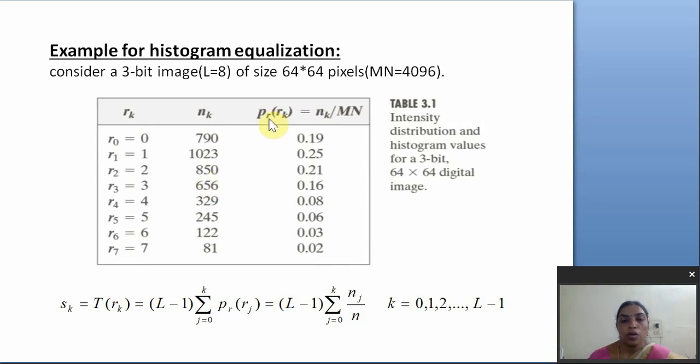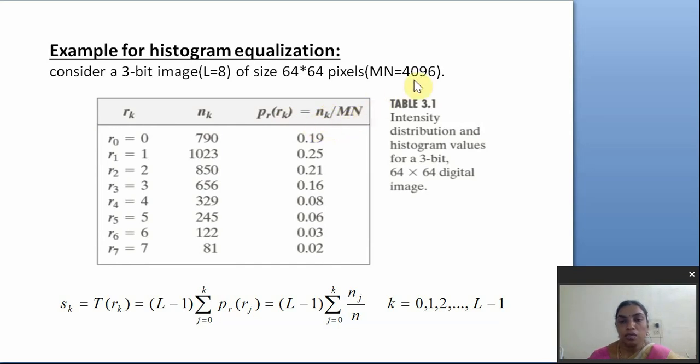After calculating n_k, immediately find p_r of r_k. p_r of r_k is the probability of r_k, that is the normalized value of n_k. Take the formula n_k by MN, or n_k by n.